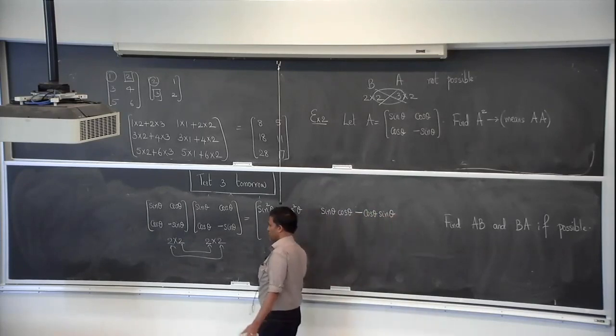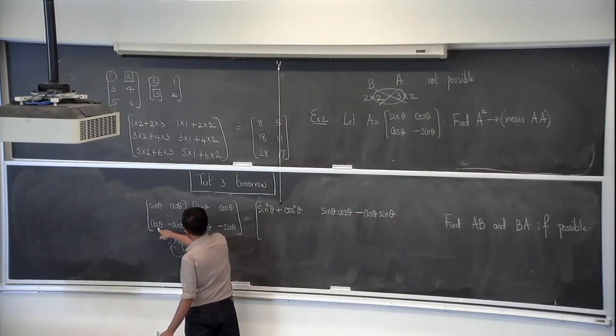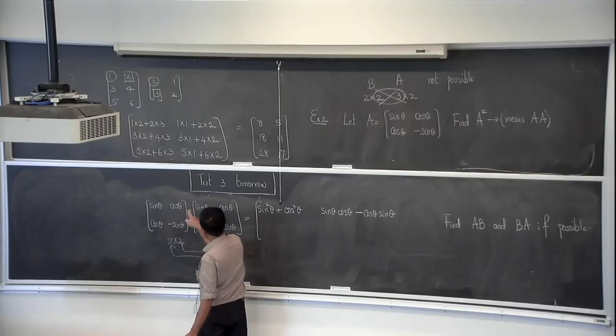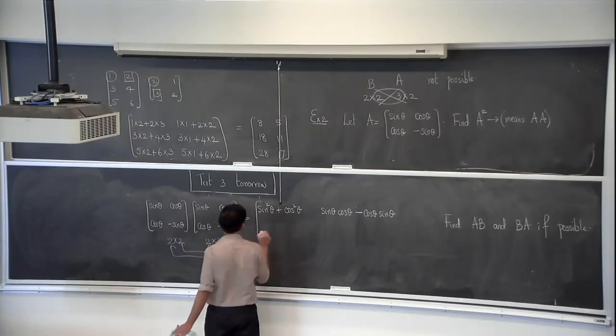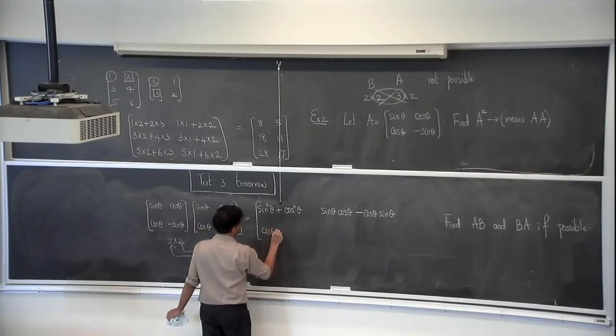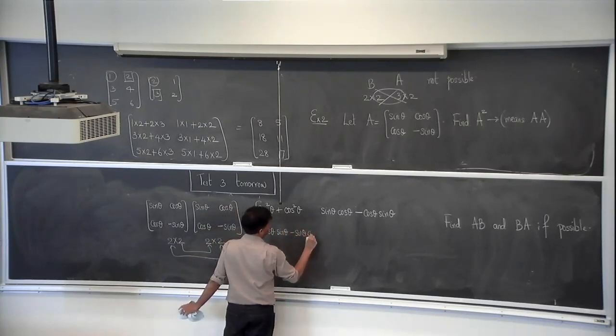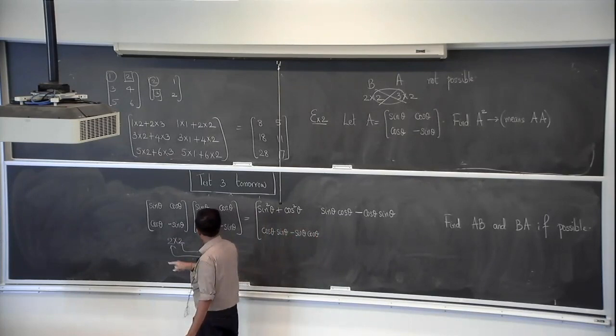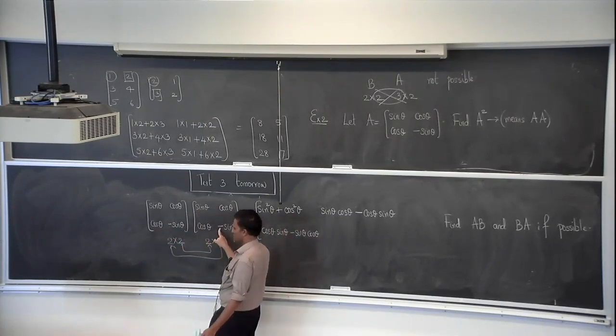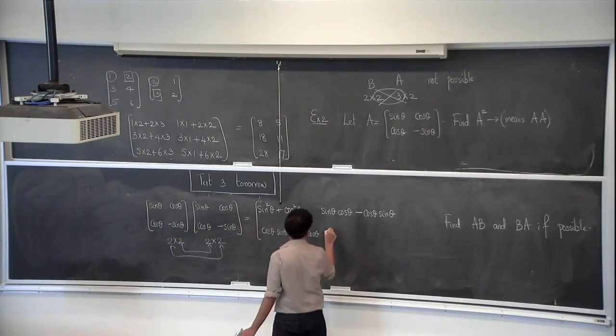It's obviously something, right? The second row, first column would be cosine sine minus sine cosine. And the second row, second column would be cosine square minus negative sine square, so positive.